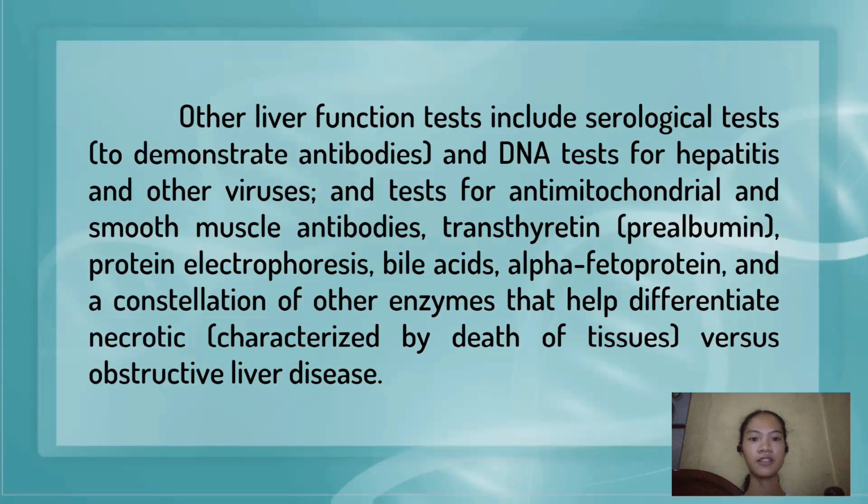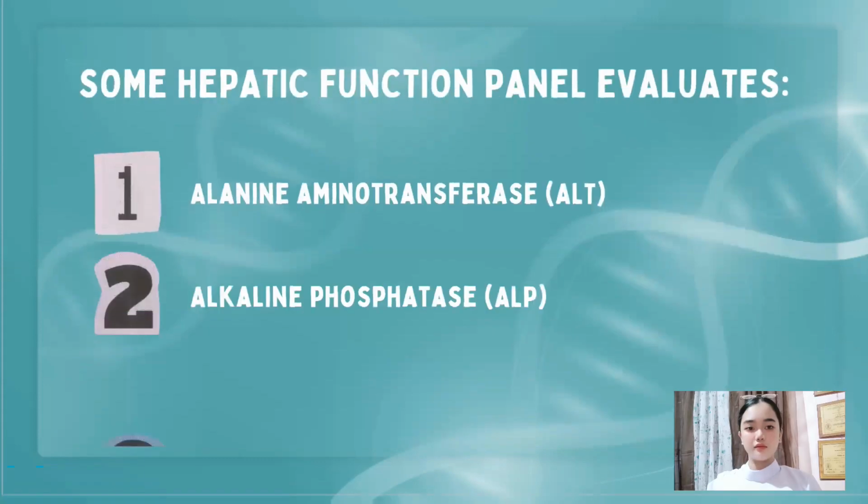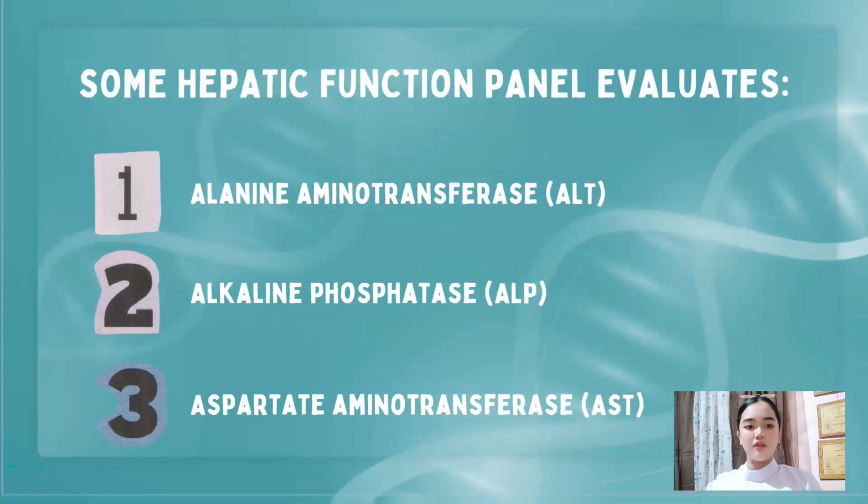Some of the reasons liver function tests may be performed include screening for diseases such as hepatitis, monitoring the side effects of your medications, and examining the severity of liver disease. A hepatic function panel evaluates the alanine aminotransferase, ALT, alkaline phosphatase, and aspartate aminotransferase.